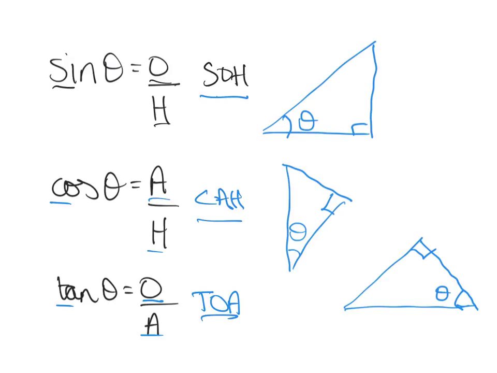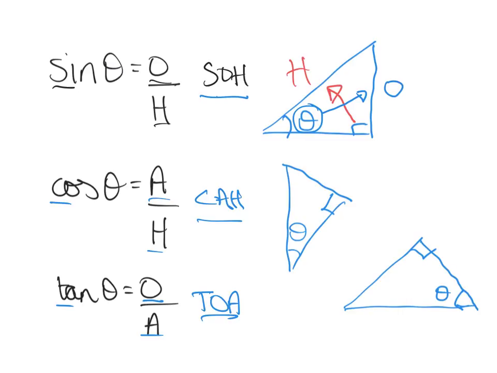Now, which side on the triangle is which? You should remember from Pythagoras' theorem that the longer side, the side opposite the right angle, is the hypotenuse. You can recognise it for two reasons. First of all, it's the longer side, and second, it's opposite the right angle. The reference angle, usually called theta: straight across from theta is the opposite side.